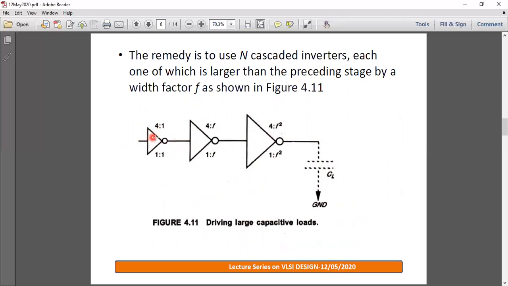That is, pull up to pull down ratio is 4:1. The succeeding inverter is increased by a factor of f, so 4f pull up and 1f pull down. The next stage is increased by a factor of f again, so 4f square pull up, 1f square pull down.